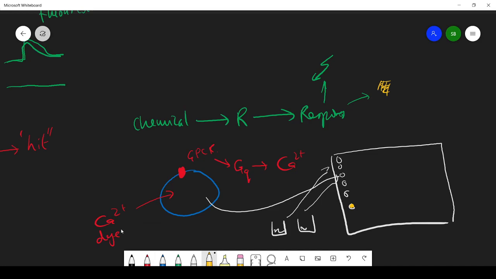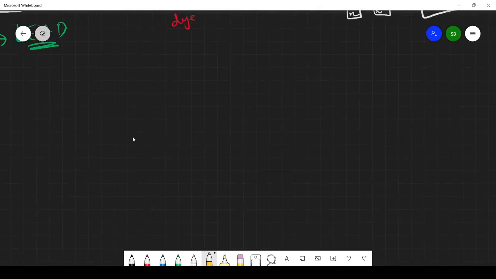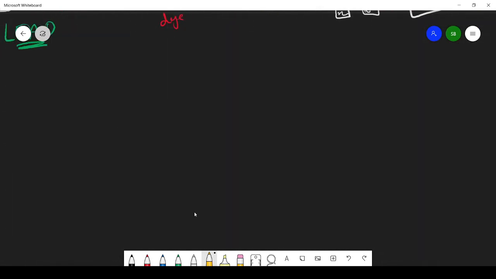There are other ones. So for example, if you were looking at cells from the heart, you can extract myocytes. These are the individual heart cells.